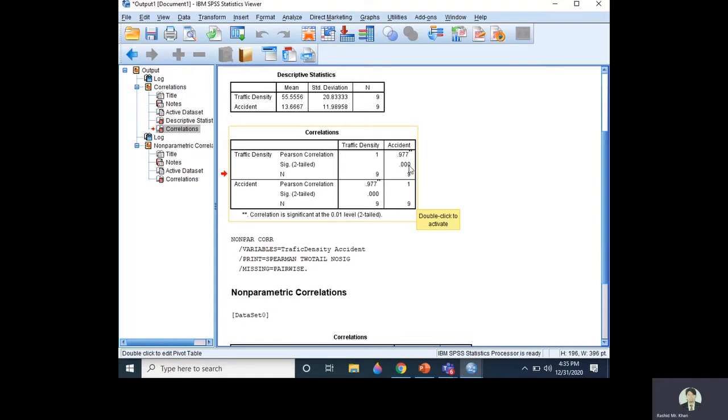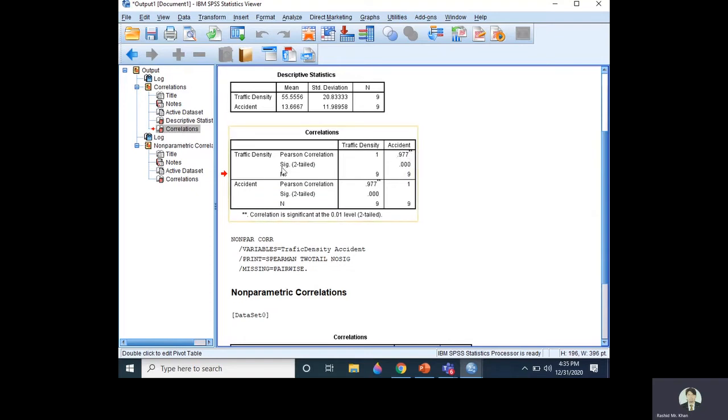Here is 0.000. Okay, so the Pearson correlation is showing that these variables are highly significant. There is a relationship between the two variables, while 0.977 is showing us that the relationship is a highly strong relationship between these two variables.